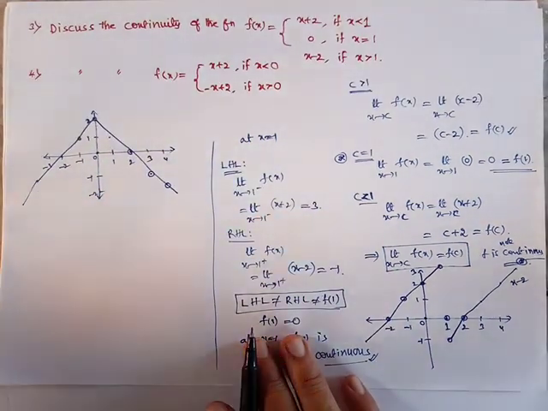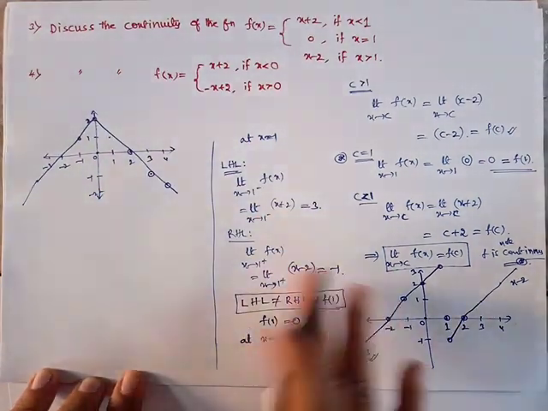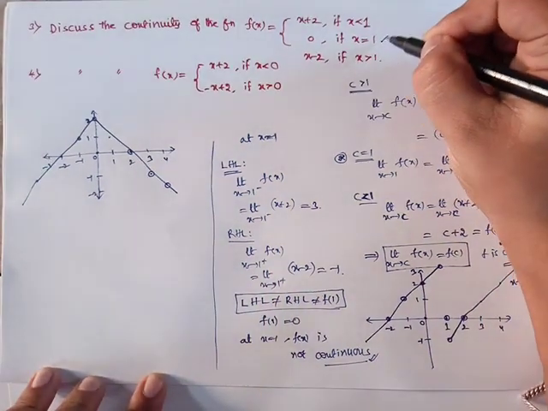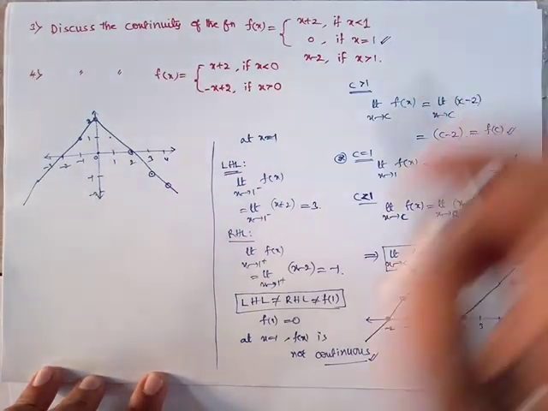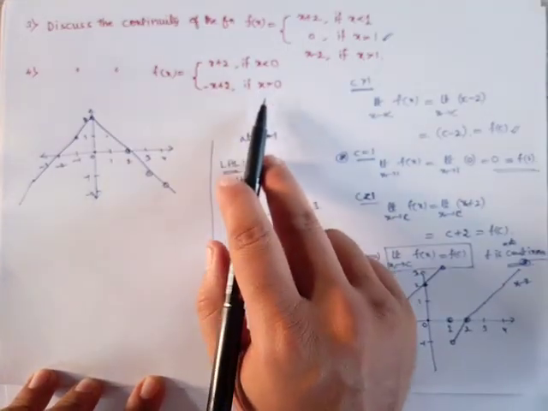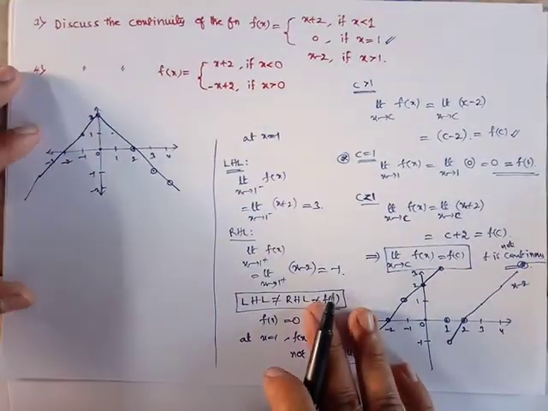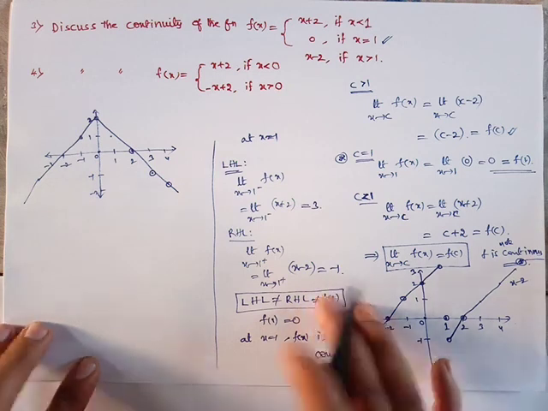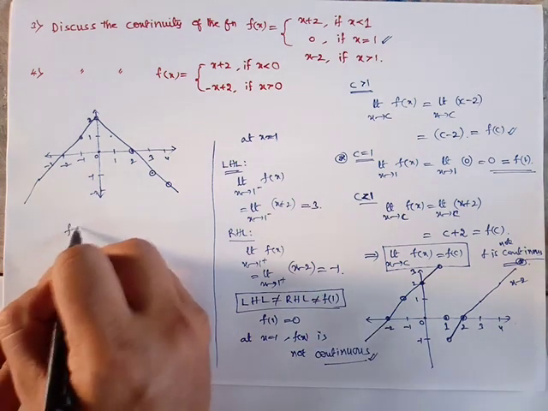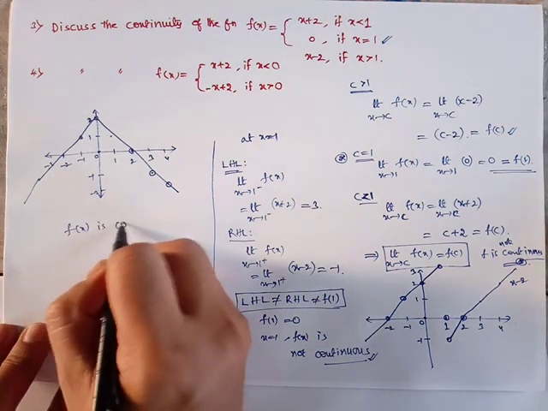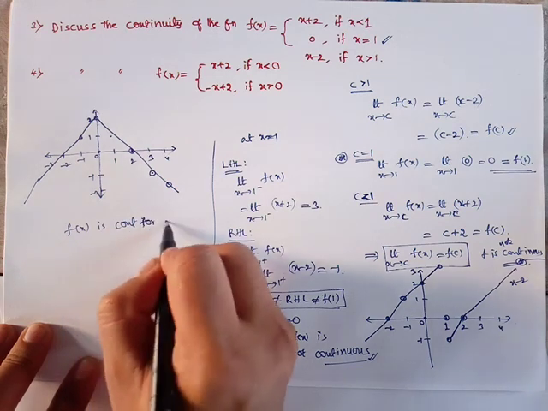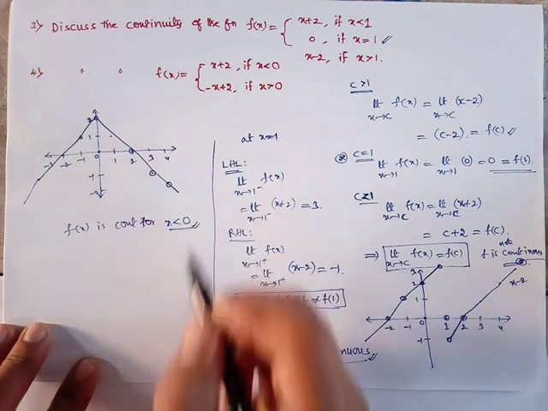And now coming to understand these two questions: the function is defined at x equals 1, but in this case the function is not defined at x equals 0. So that's why, even though you considered LHL and RHL in both the cases, f of x is continuous for x less than 0.